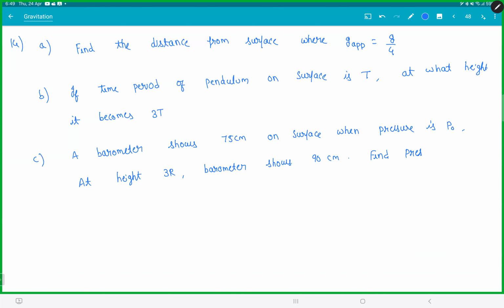So literally wherever there is g in all the questions, you can use this thing, right? The g apparent on the surface of the equator is equal to g apparent at a height h above the North Pole.